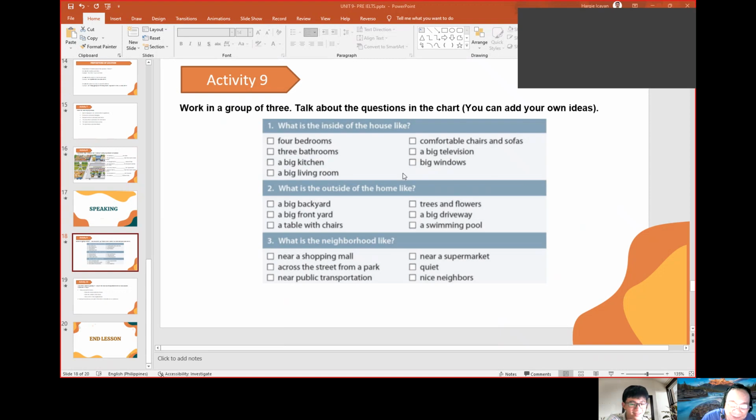Question number one. What is the inside of the house like? For my dream house, it would have comfortable chairs and sofas. Then it has to have several windows to look more elegant.